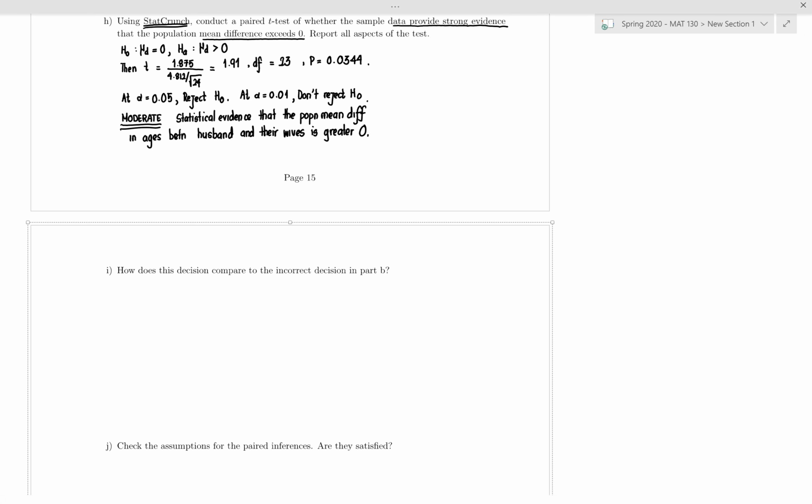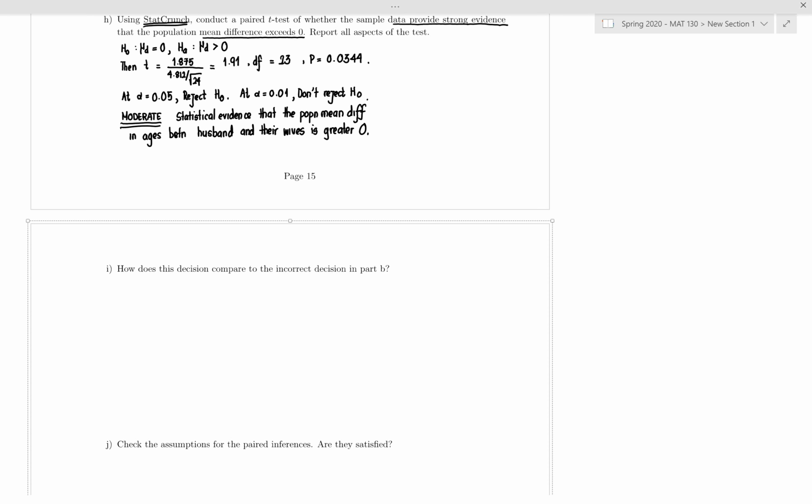In this case, at the 5% significance level, 0 is not a plausible answer. So we can reject the population mean being equal to 0 and accept the alternative hypothesis that the population mean for the difference in ages is greater than 0.